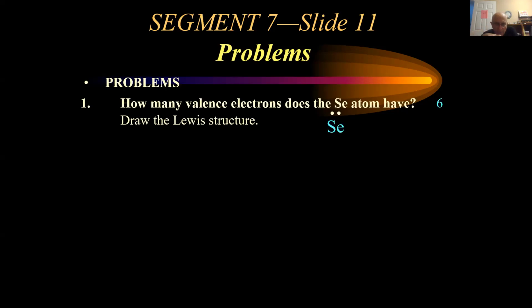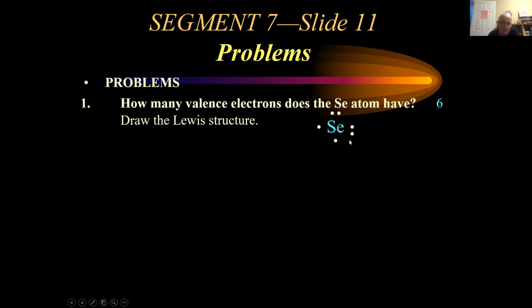The first 2 electrons go in the s orbital and pair up. The next electron would go into one of the p orbitals and would not pair up with anything else. The next electron would also go in a p orbital. The next one would go in a p orbital. Now we've just got 5 and we need 6, so we would pair one of them up in the p orbital.